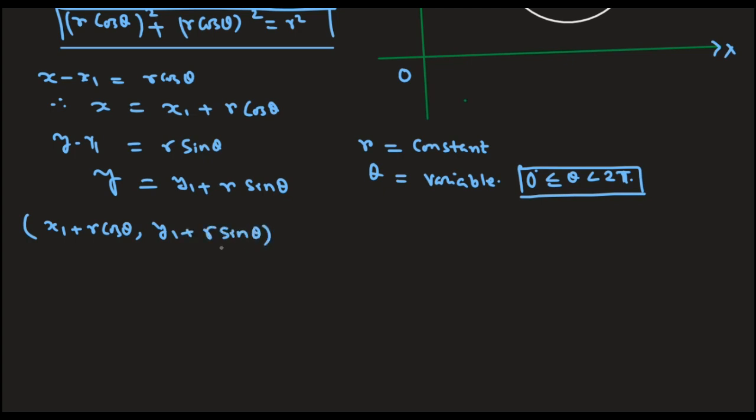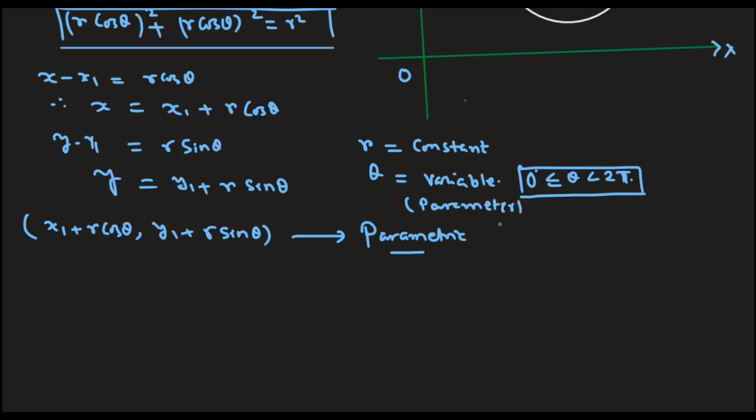This is the general point for the circle, and this point is able to form all the points on the circle. That's why it is known as the parametric form. Here theta is the parameter.